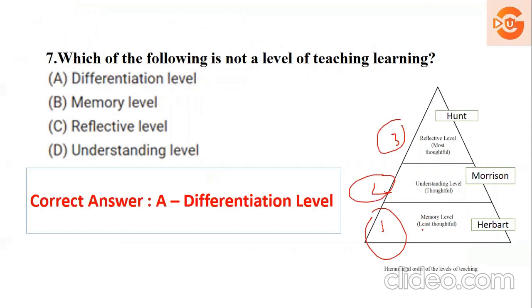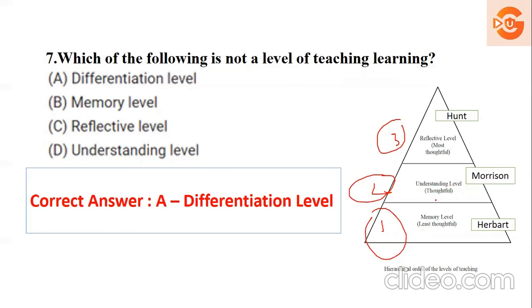This is a level which promotes more rote learning. To make the kids familiar with things, rote learning is practiced over here, which is least thoughtful. The children do not have to think anything over here.